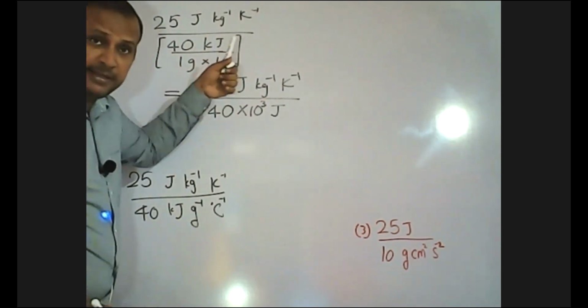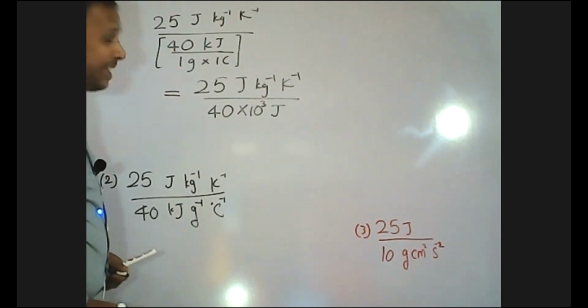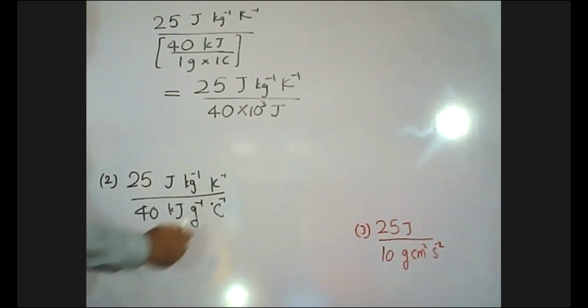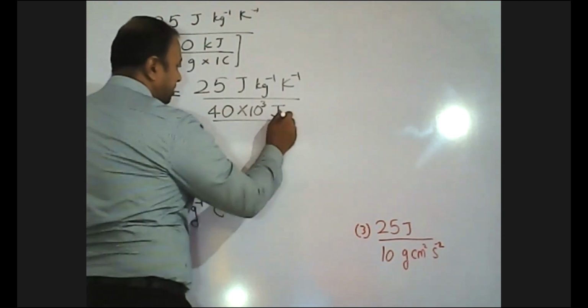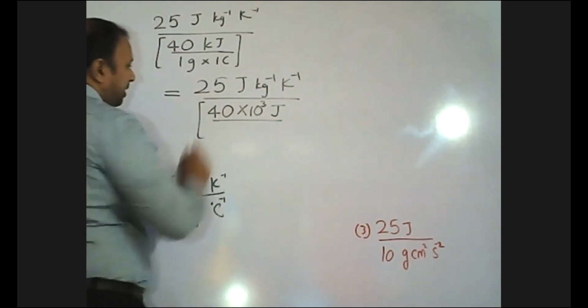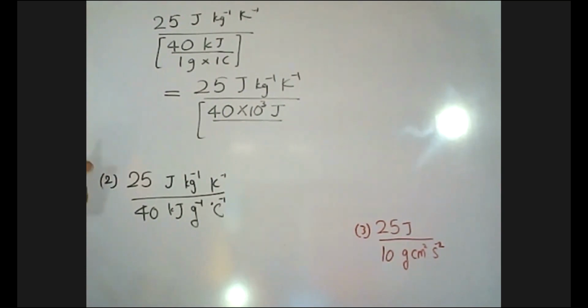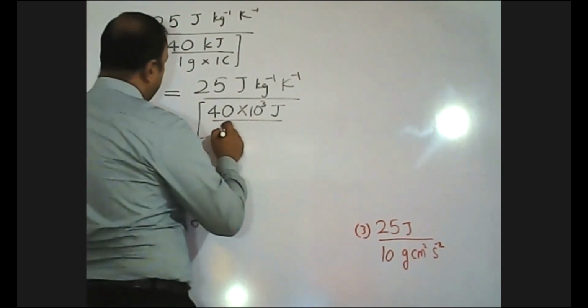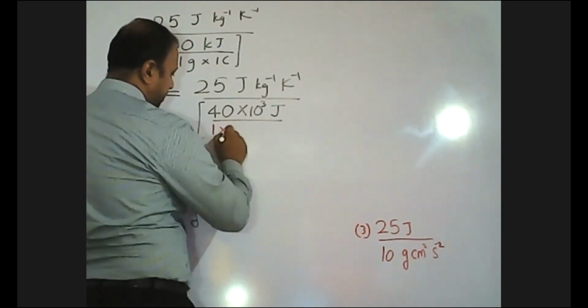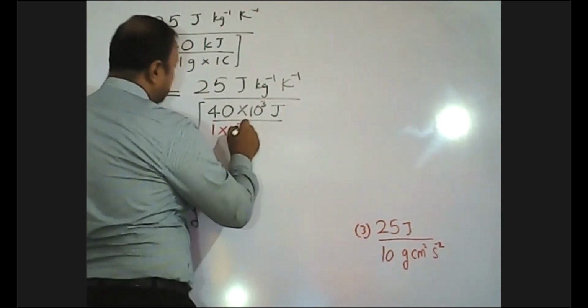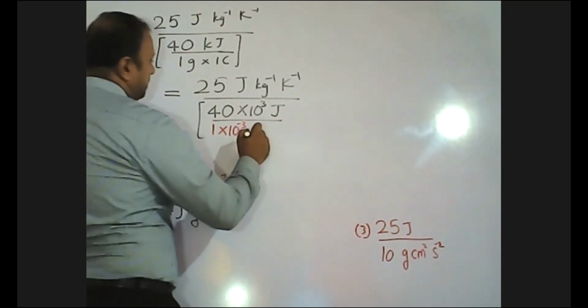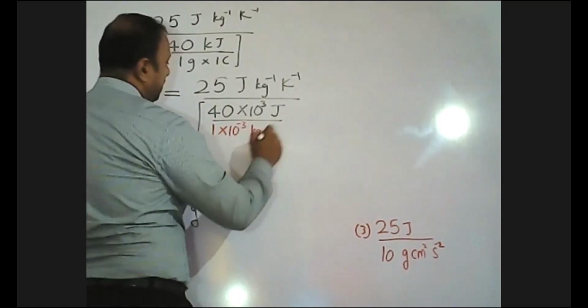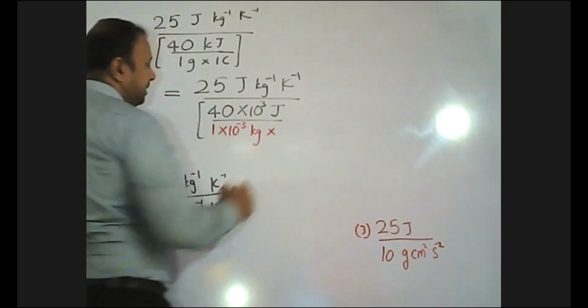Gram to kilogram is a small scale into a large scale, so I have to divide this by 1000. Dividing by 1000 means multiplication with the reciprocal. So 1 into 10 to the power minus 3 kilogram into Celsius.